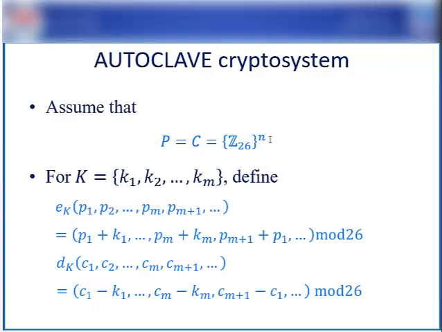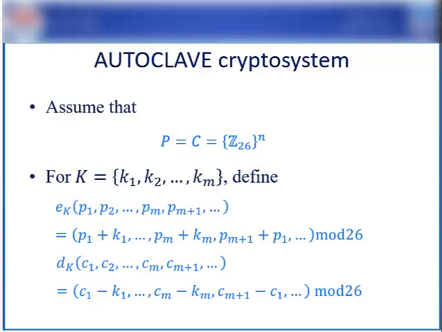In addition, as we said before, in polyalphabetic crypto systems, our key is defined by a sequence of letters, and suppose that the key length is equal to m. So we define the encryption algorithm and decryption algorithm. As we can see from these expressions, the encryption and decryption algorithms for the first m letters are similar to those of the Vigenère cipher.